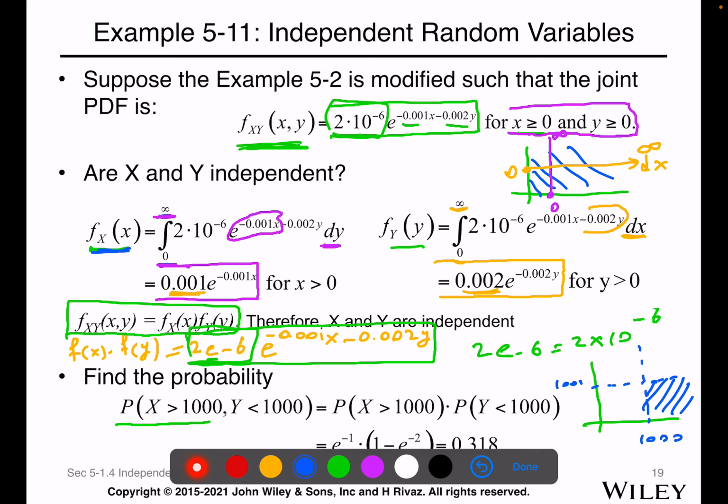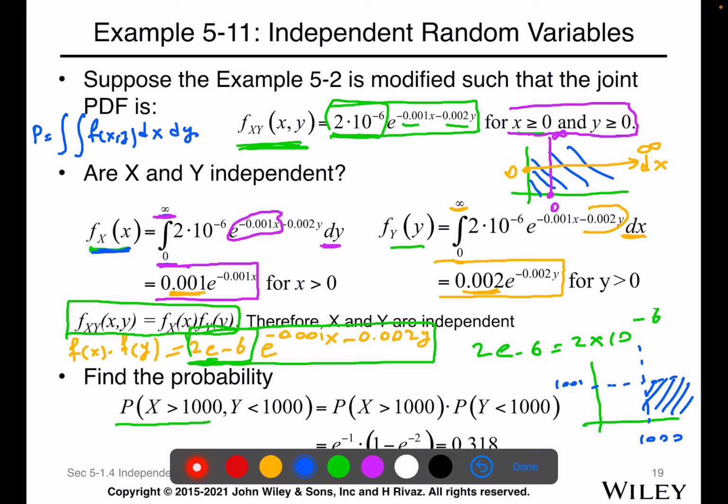One way would be to do it directly from the beginning. I have my PDF, therefore P is equal to the double integral of f of x and y. Here the range is easy, it's a rectangle, so I can do dx dy, the order doesn't matter.